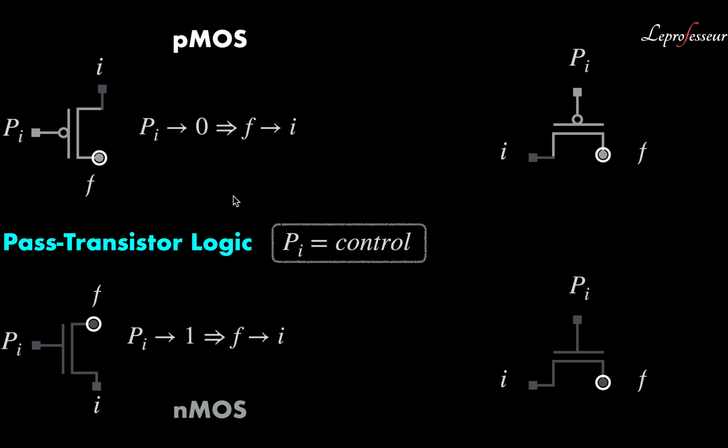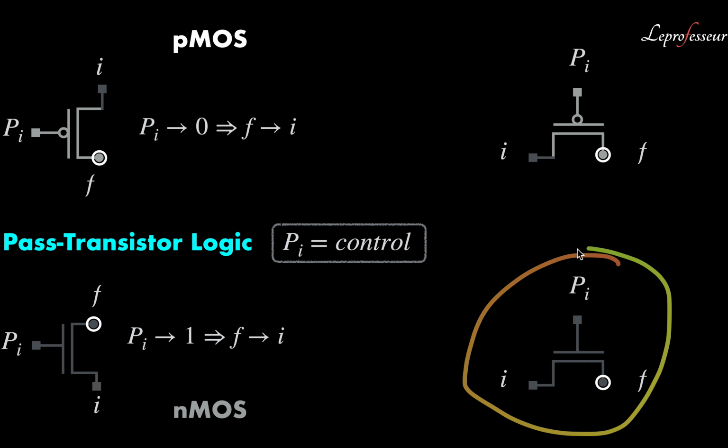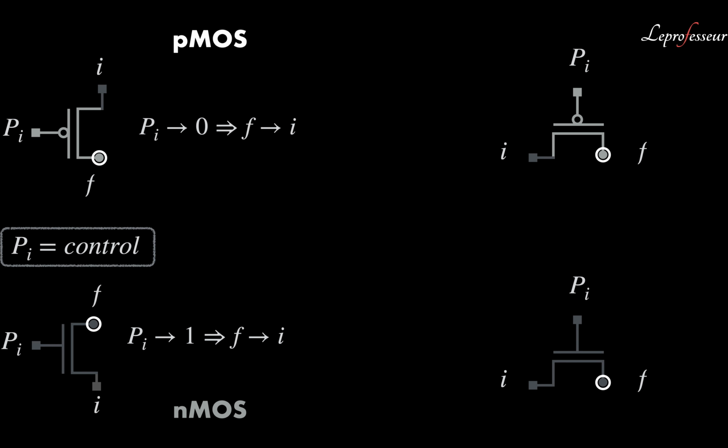Whatever we were using, we rotate it 90 degrees. So we come up with these structures for PMOS and for NMOS. Very simple. Now, what if we connect the terminals of PMOS and NMOS together?